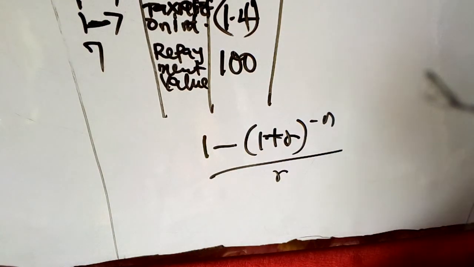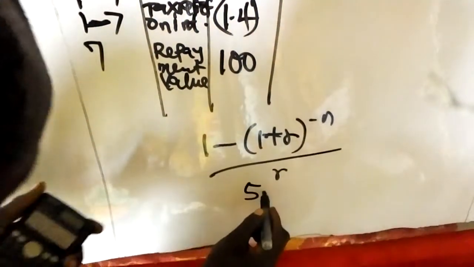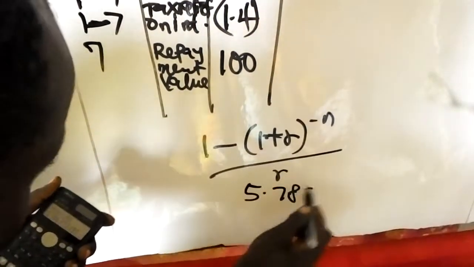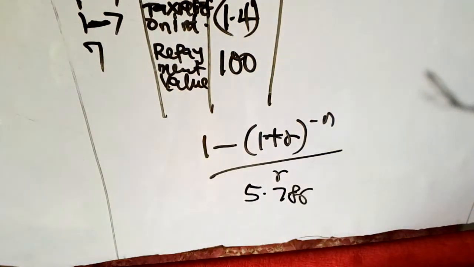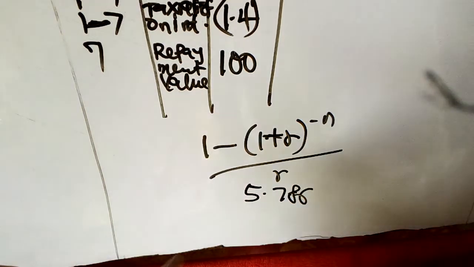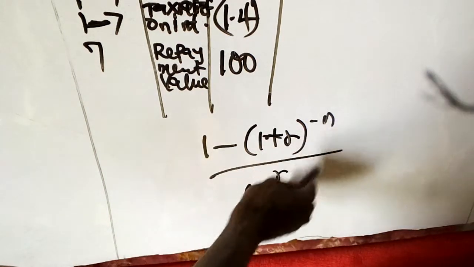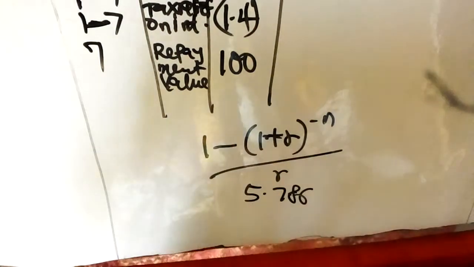So for 5%, we have 1.05 raised to the power minus 7, minus 1, divided by 0.05. Then we have 5.786.